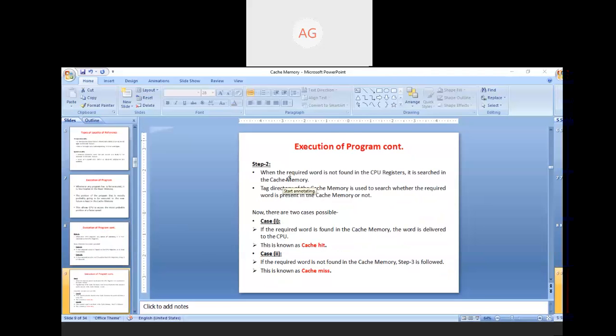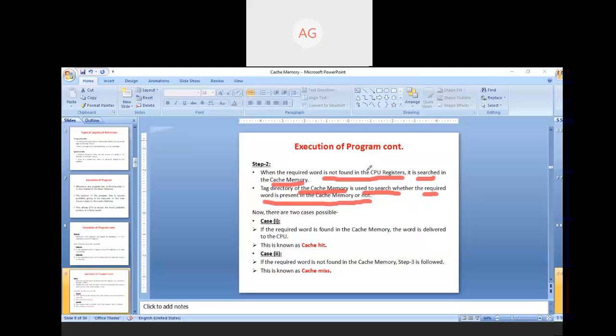So it is step 2. When the required word is not found in the CPU register, it is searched in the cache memory. As we know, cache memory is at level 1. The tag directory of the cache memory is used to search whether the required word is present in the cache memory or not.